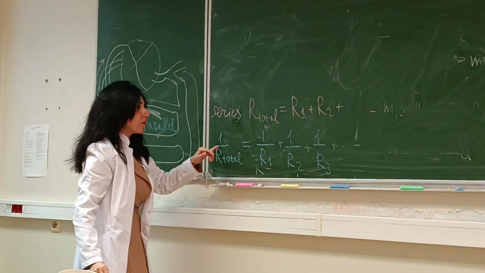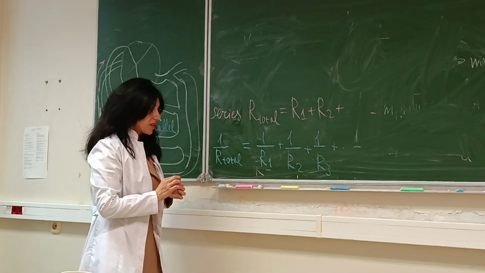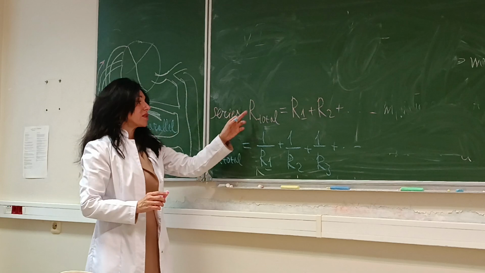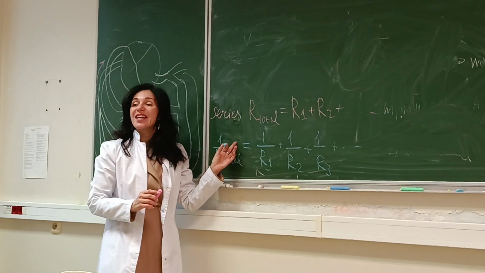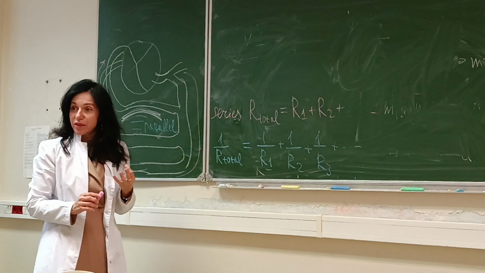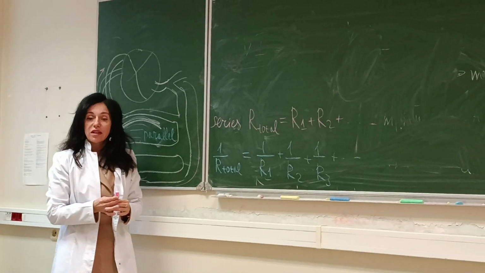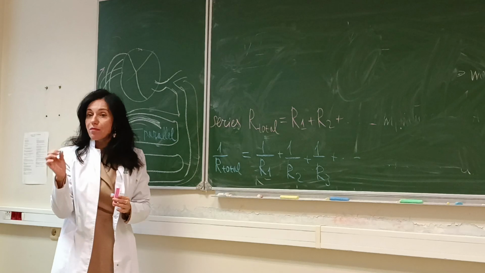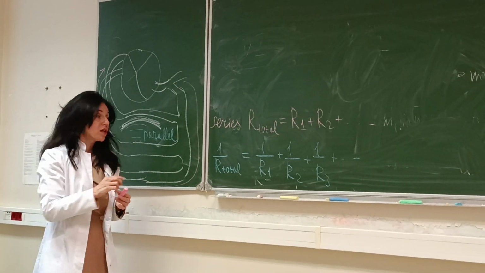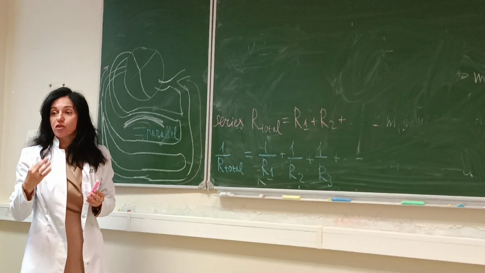What is the idea? In the series resistance, increase of each component increases total resistance substantially. For parallel resistance, increase of resistance of each capillary doesn't increase total resistance so much. It's not an essential increase.